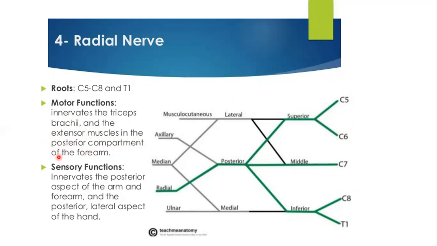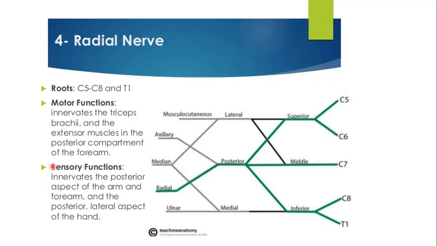The muscles which are innervated by the radial nerve basically extend the arm at the elbow, and also extend the wrist joint. Okay, all the extensor muscles, whether they are in the arm or in the forearm, are supplied by the radial nerve.